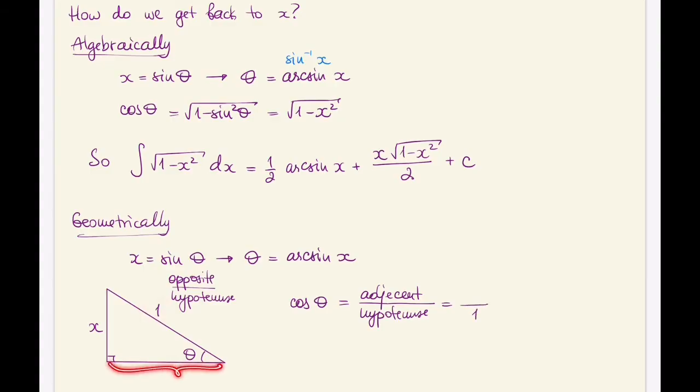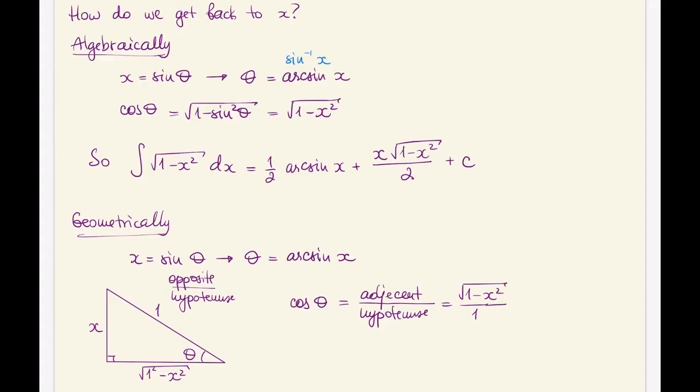Now, how do I figure out the length of this side? Well, it's a right angle triangle, so I can simply use Pythagoras. Recall that the sum of squares of the two sides is equal to the square of the hypotenuse, which means that this side is going to be the square root of hypotenuse squared minus the other side squared. 1 squared minus x squared, or 1 minus x squared.